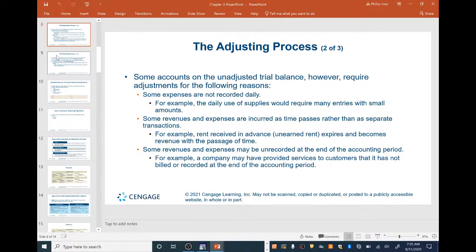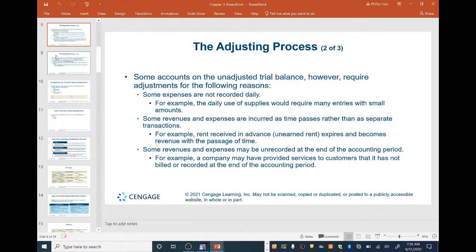Okay, it says here, some accounts on the unadjusted trial balance, however, require adjustments for the following reasons. Some expenses are not recorded daily. An example here, it says the daily use of supplies would require many entries with small amounts. So maybe they're not doing all the entries of small amounts. Maybe they're going to just do a periodic count. Maybe at the beginning of the month of January, they'll count to see how many supplies they have on hand.